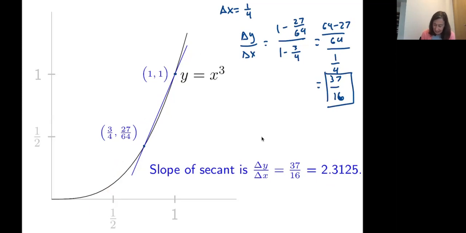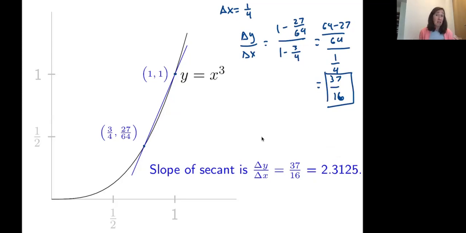So maybe this, we might be thinking, is closer to the slope of the actual function in black, what we actually care about. The blue line is closer. And taking that same idea further, what's the right delta x to pick? What's the best value for delta x?